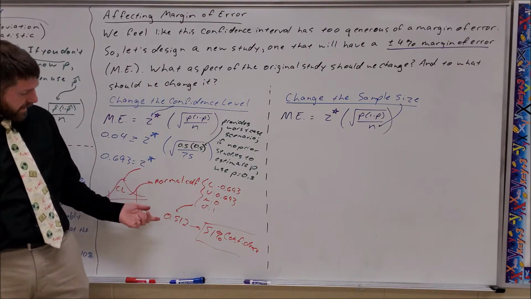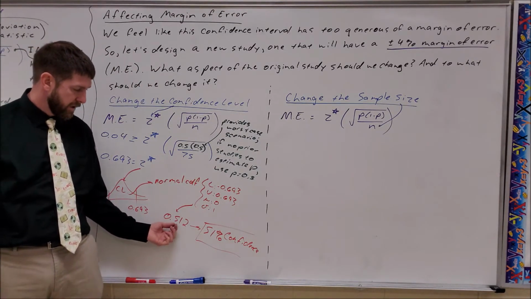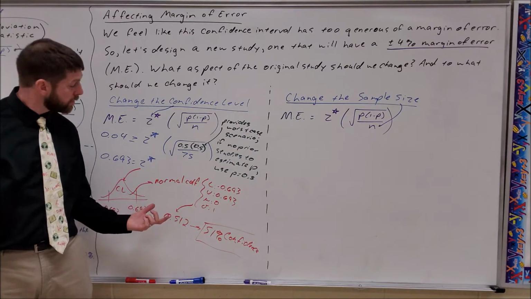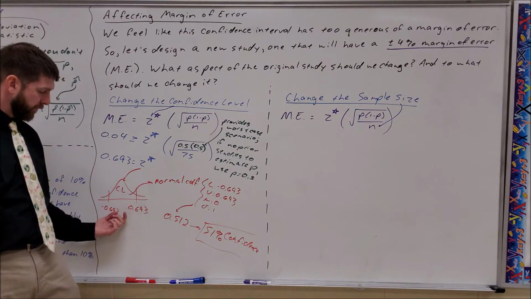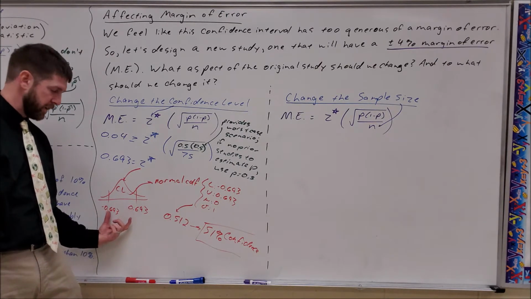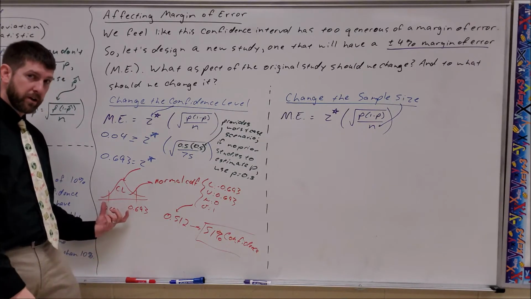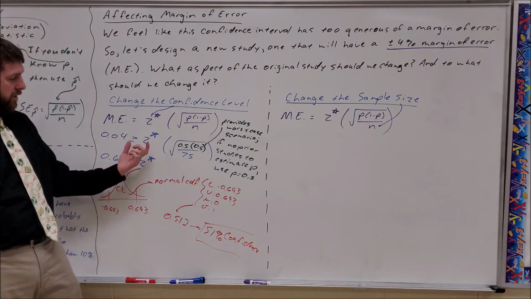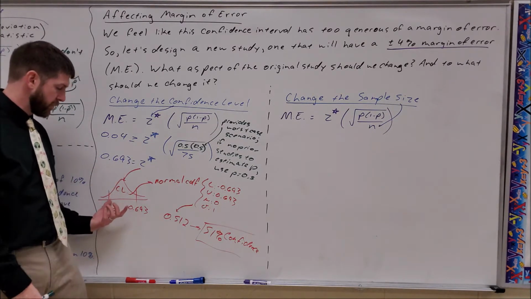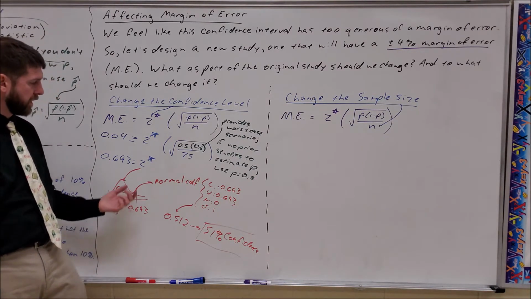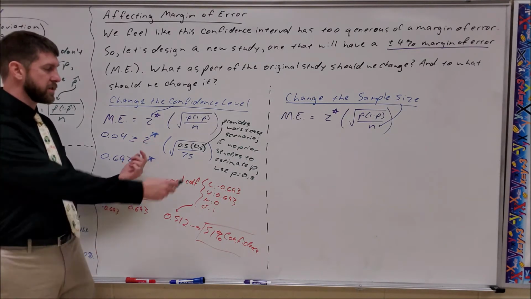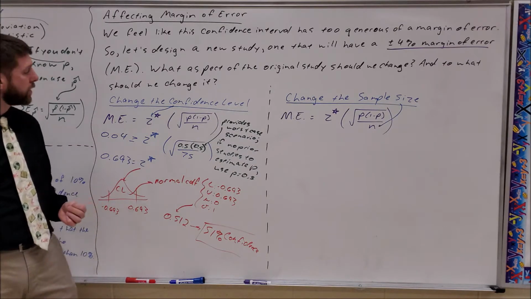So if I had a confidence level that was bigger than 51.2, then a bigger confidence level would cover a bigger area. Bigger area would give me bigger Z-scores, greater distance, so bigger absolute value of Z-scores, and a bigger Z gives us a bigger product. We would have exceeded the 0.04.